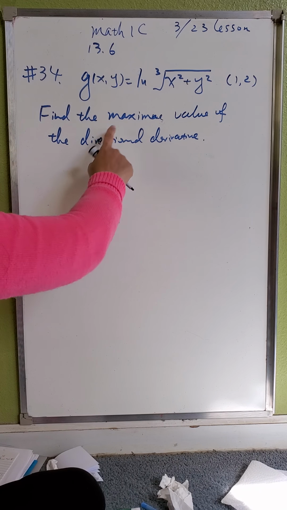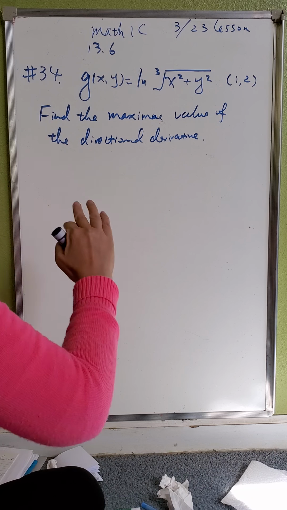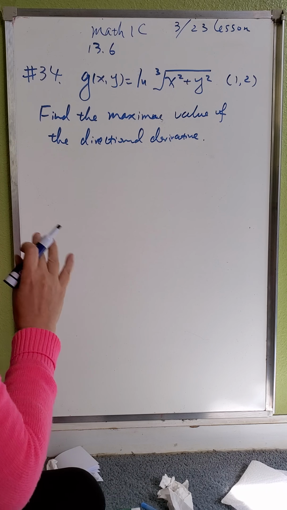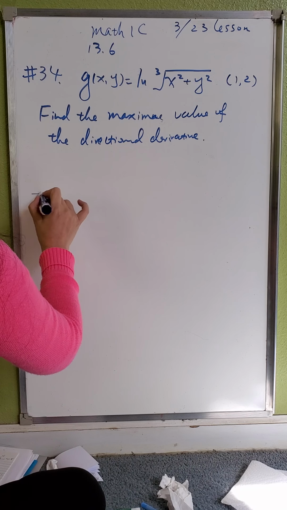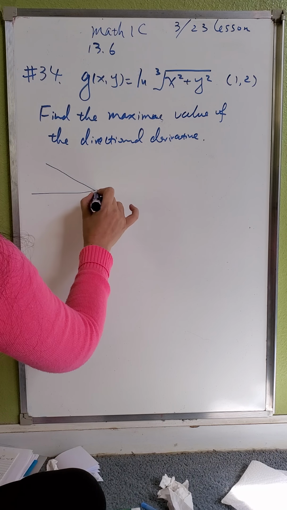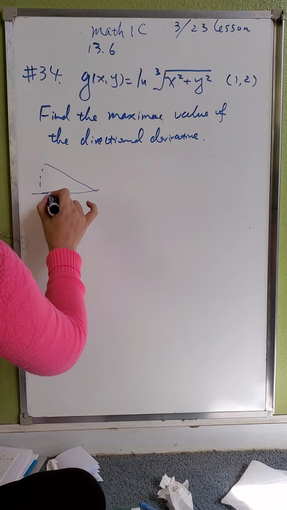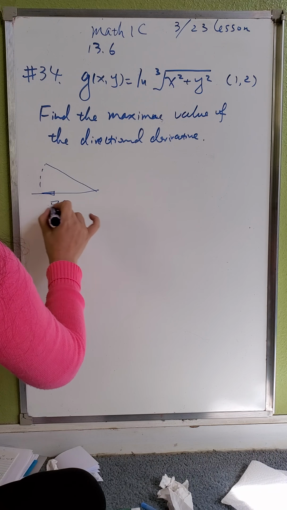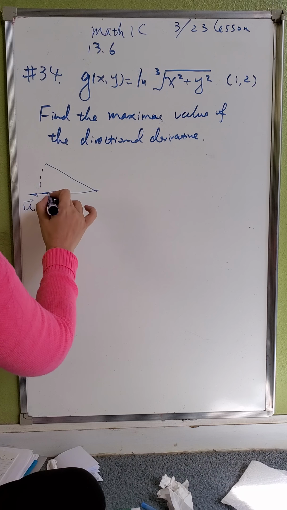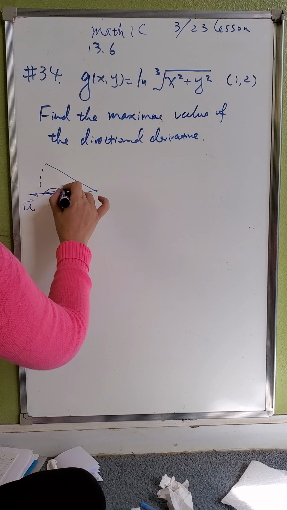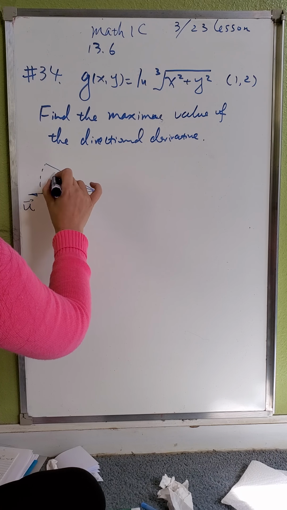So the maximum directional derivative does not require you to know what the direction vector is. Remember that? All we need to know is that they overlap. As long as they overlap, that will be your maximum.